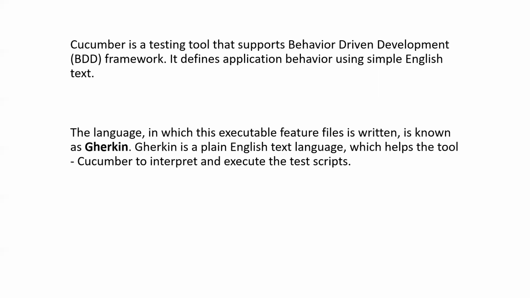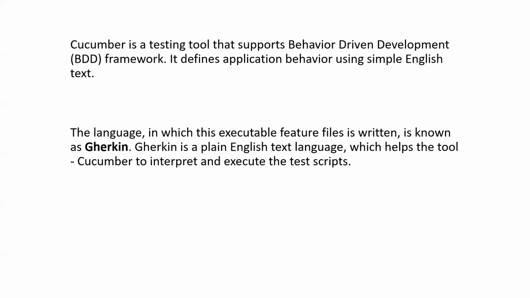Now next, the language in which this executable feature file is written. In Cucumber we will create the feature file, the dot feature file. The language in which this executable feature file is written is known as Gherkin. Gherkin is a plain English text language, a human readable format, which helps the tool Cucumber to interpret and execute the test script.